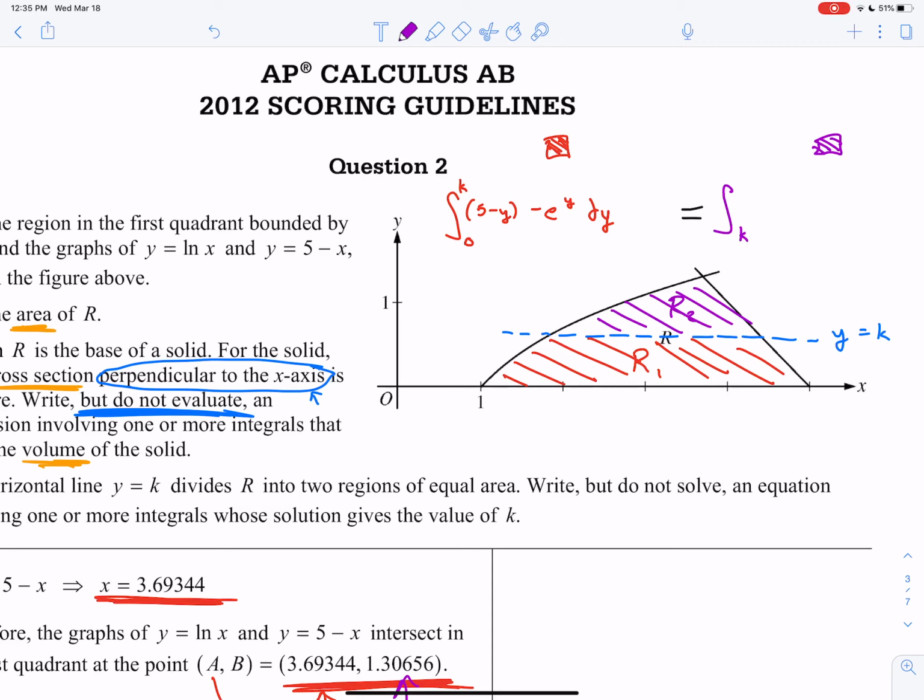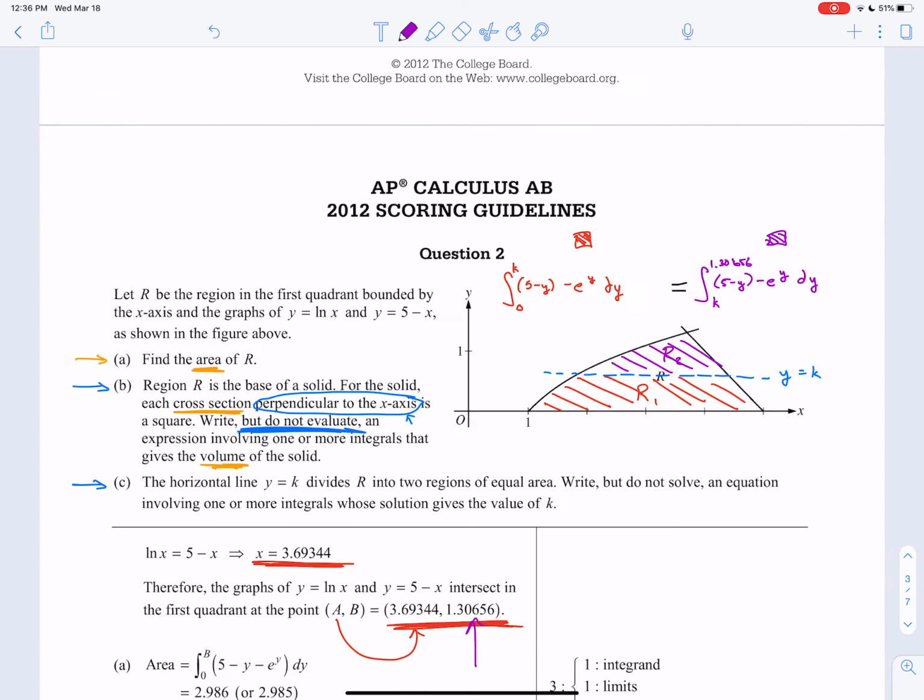And it goes all the way up to where that intersection is, which is about 1.30656. The right minus the left didn't change, so we'll write it like this. And that's basically it. We showed that these two regions have equal area.